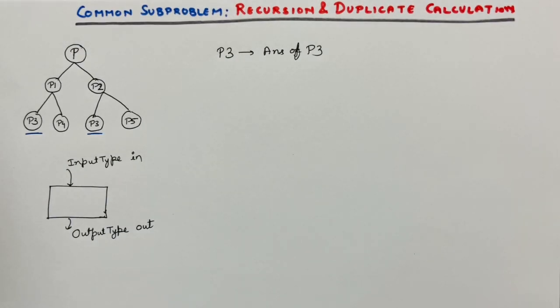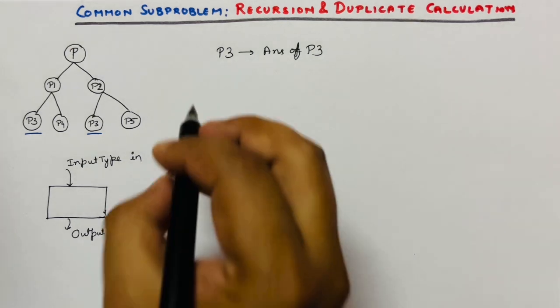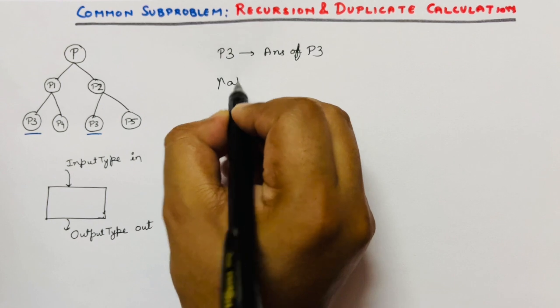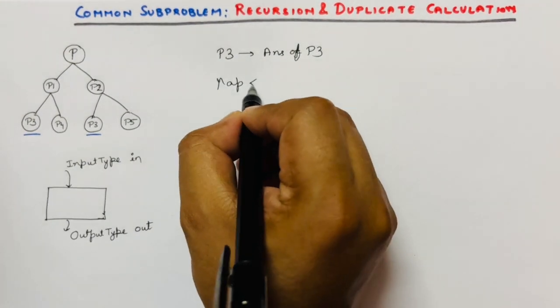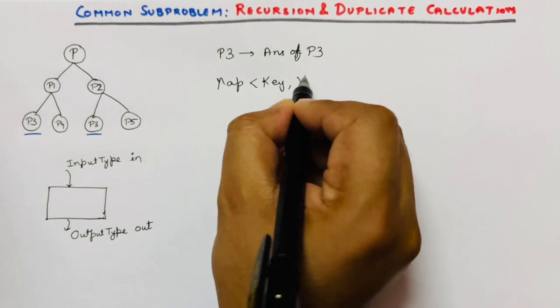Now, how do we do that? What data structure suits us best to store this? That data structure should be fast in storing the result, and it should also be fast in retrieving the result back. What is such data structure? That data structure is map. What will be the input? Map is basically a pair of key and value, right?